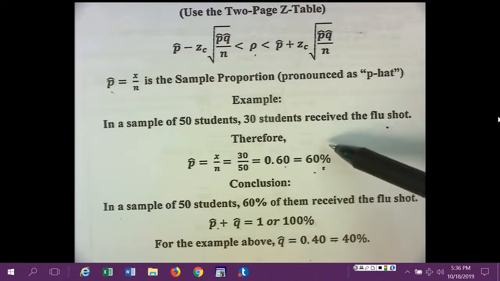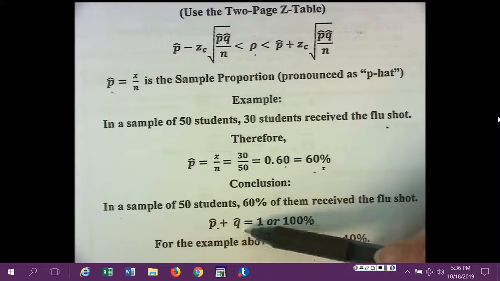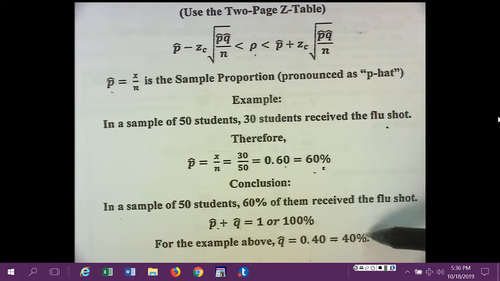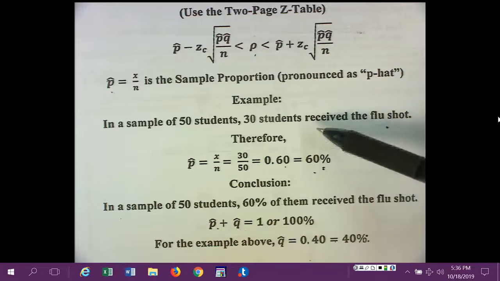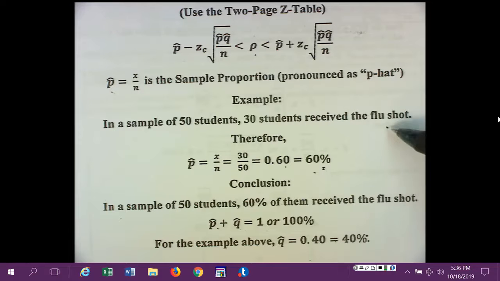Q hat is the percentage of students that do not receive the flu shot, 40%. Those are opposites to each other. P hat, they receive the flu shot. Q hat, those that do not receive the flu shot.